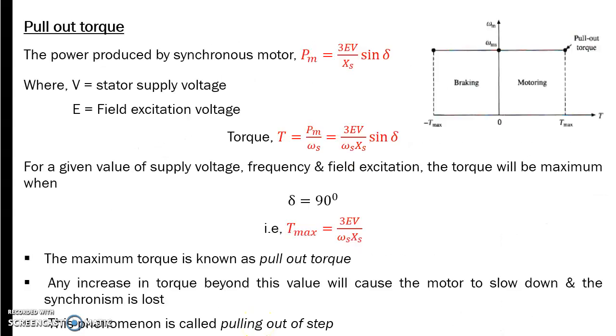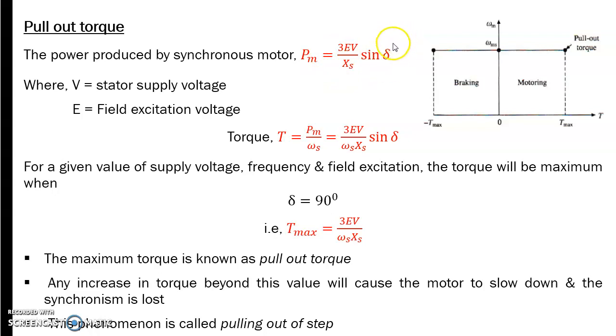So for a synchronous motor, its mechanical power produced is expressed like Pm is equal to 3 EV by Xs sin delta. You might know this equation. Pm is equal to 3 EV by Xs sin delta.